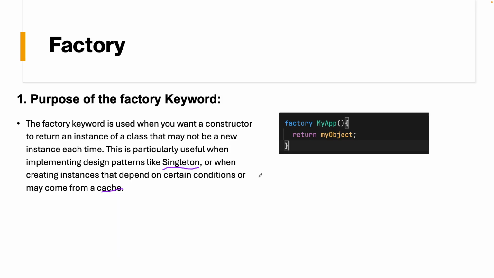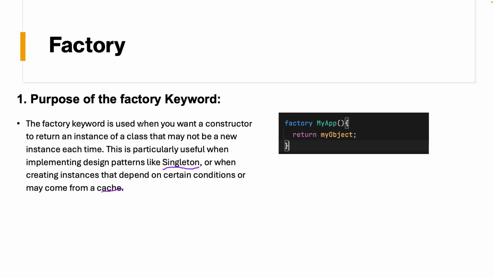Let's move on and look into the factory's purpose. So what's really the purpose of having a factory, or the keyword factory? The keyword factory is used when you want a constructor to return an existing instance, or an instance of a class that may not be new each time.